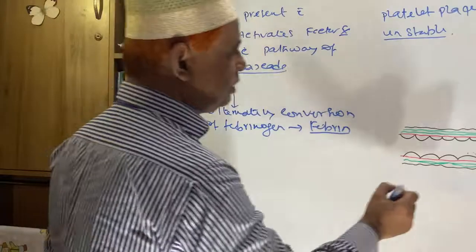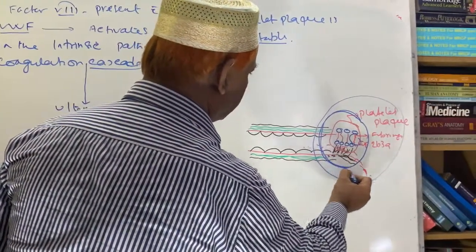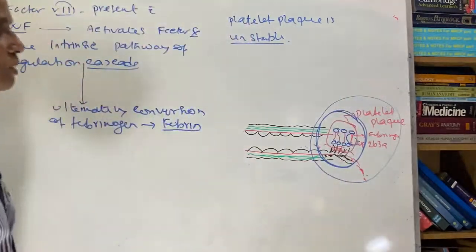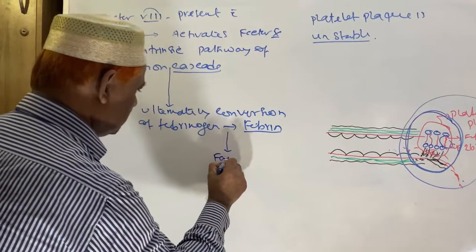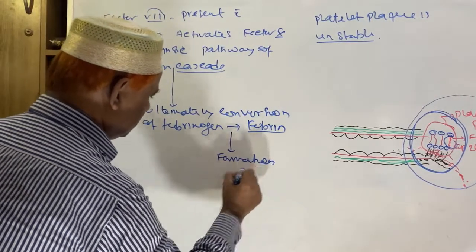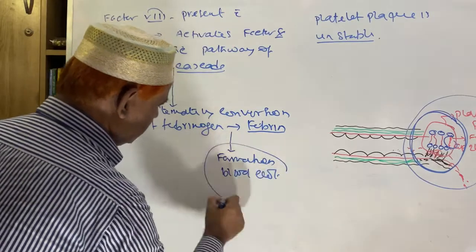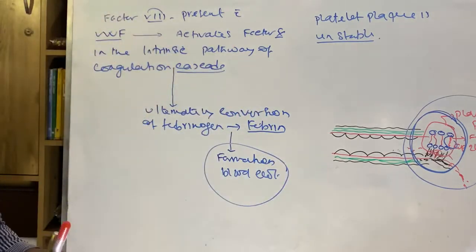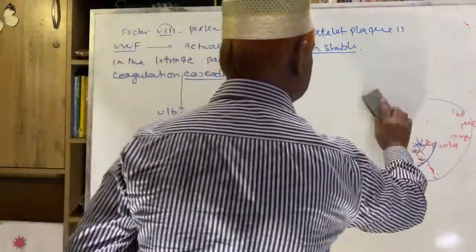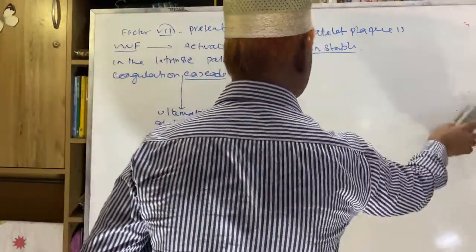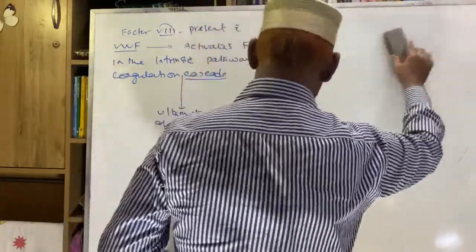Once this fibrinogen is converted to fibrin, then this is no more an unstable plaque, and this is called blood clot, and ultimately there is formation of blood clot. And so there is arrest of bleeding, so there is hemostasis. So this is the role of von Willebrand factor, how it helps in hemostasis.